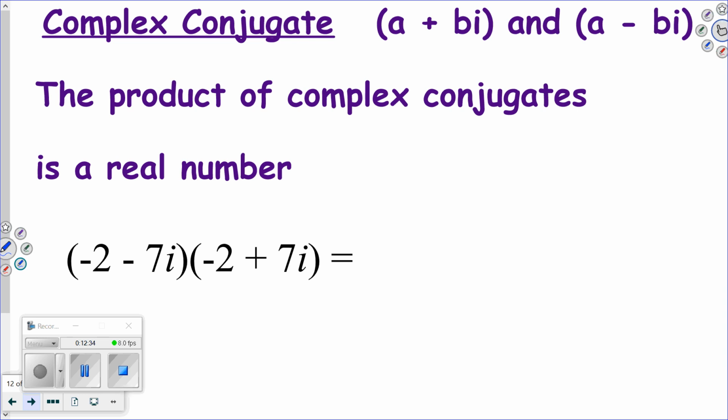The one mistake a lot of students make is they try to change the sign on the first one as well, and the one on the inside. The only sign you're ever changing when you're making complex conjugates is the middle sign. Okay? The first one is exactly the same, just the middle sign is different. So it says right here, the product of complex conjugates is a real number.